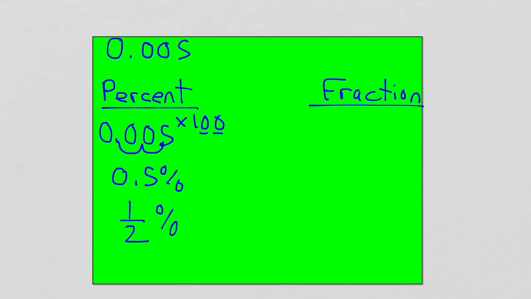The fraction: 3 decimal spots in the decimal, which means there are going to be 1, 2, 3 zeros in the denominator of the fraction. And then we have a 5 in the thousandth spot, so 5 thousandths.